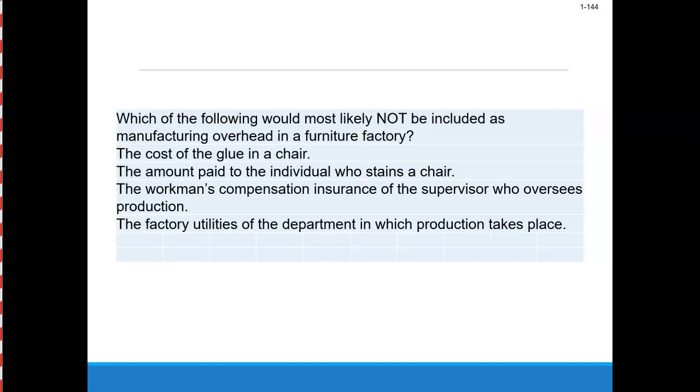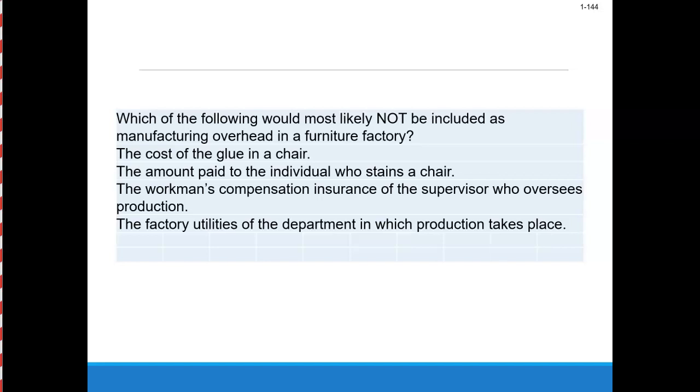Okay. Which of the following would likely not be included as manufacturing overhead in a furniture factory? Which of these do you think won't be? Anything? The cost of the glue in a chair? The amount paid to the individual who stains the chair?